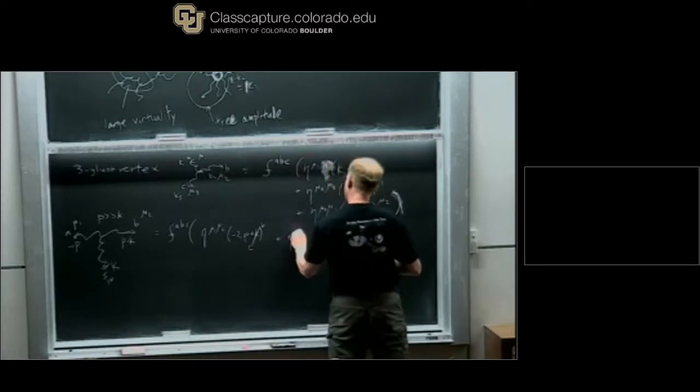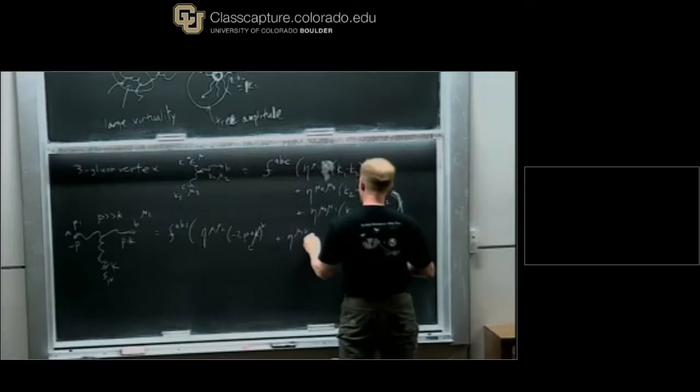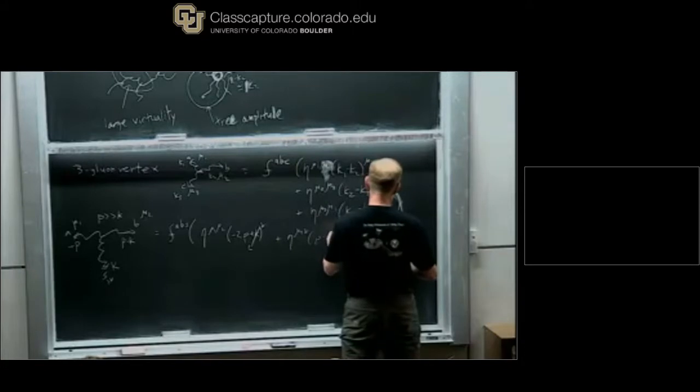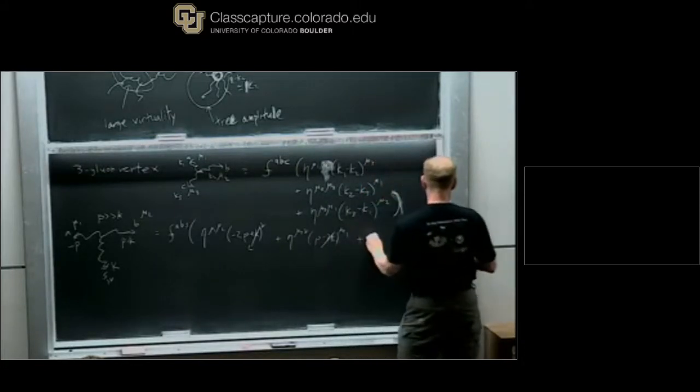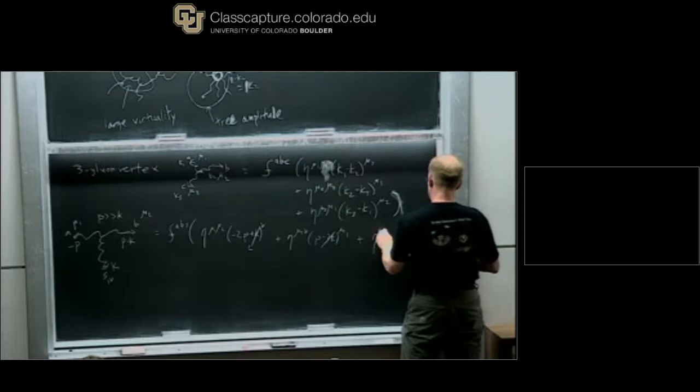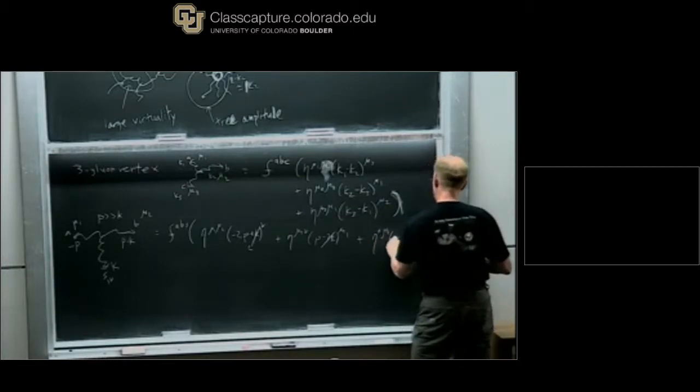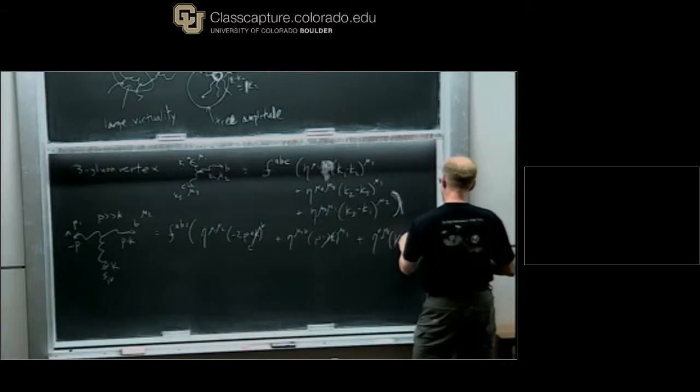It also has a term that couples mu2 to nu with a p minus 2k, and it has an eta nu mu1 k term, which we drop, times p mu2.